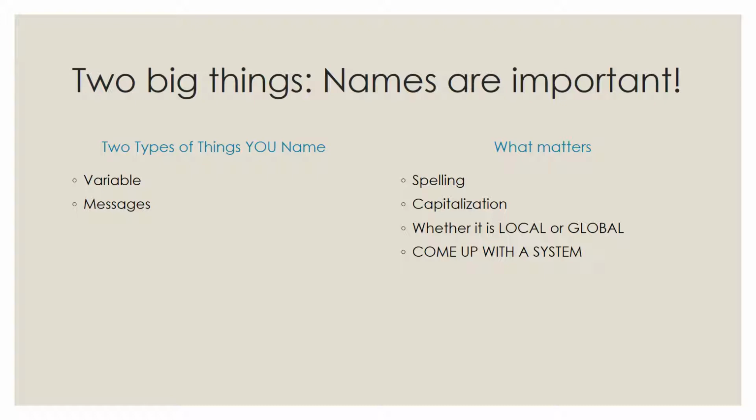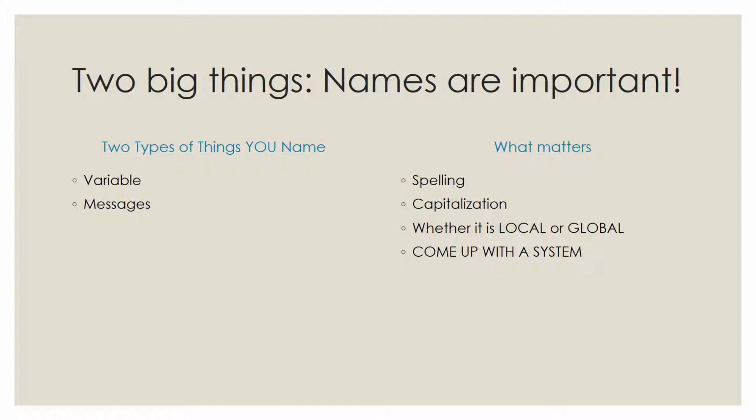Two types of things that you name, and this is why you need your Scratch paper. You name variables like score, lives, level, all that sort of thing. But you also name messages. Be very, very clear. The spelling counts, and so does capitalization. So diamond with a capital D is different than diamond with a lowercase d. And this is the way it is in real programming.